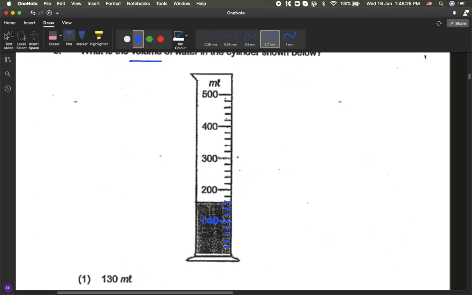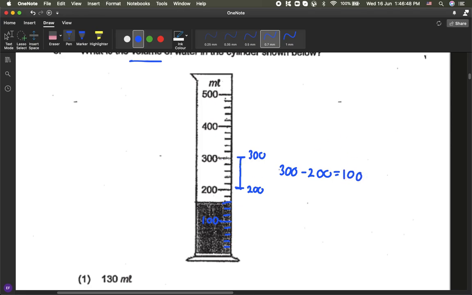If we look at this area, you can see over here, 200 and 300. So the difference between these two numbers is 300 minus 200, which is equal to 100.